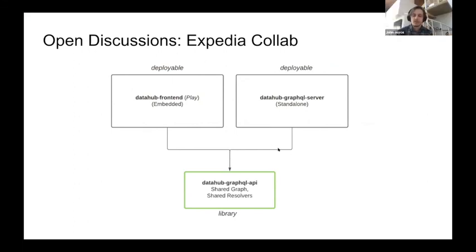Thanks, Arun. I'll go ahead and summarize that discussion. Although the specifics are still in flux, what we're thinking is that because Arun's use case requires a standalone application that will not be communicated with from a front end like React or Ember, but instead from a Node server, we'll have a common library that we can both work against, which has a shared graph derived from the GMS models, as well as a shared set of resolvers that can be pulled into both of those deployables.